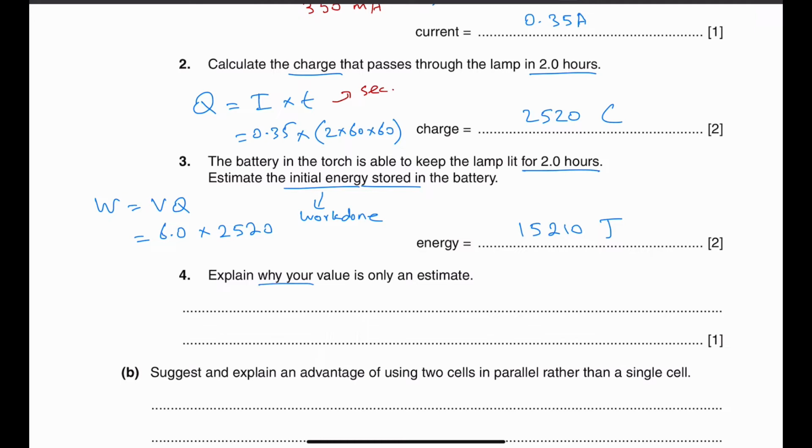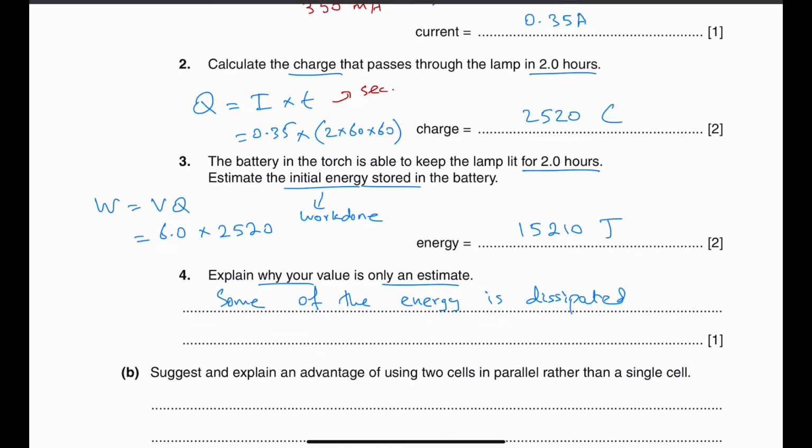Explain why your value is only an estimate. Well, because the battery has internal resistance, or some of the energy is also lost as heat. So not all the energy of the battery is going to be provided to the torch. Some of it is going to get wasted in the form of heat as well inside the battery, right? Because the battery also heats up from its own resistance. So you will say some of the energy is dissipated.